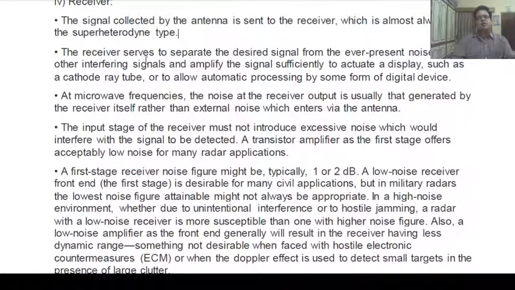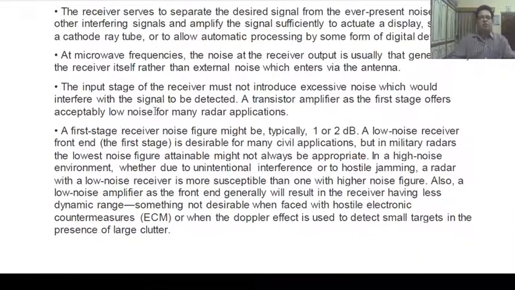The receiver serves to separate the desired signal from the ever-present noise and other interfering signals, and amplify the signal sufficiently to activate a display such as a cathode ray tube, or allow automatic processing by some form of digital device.